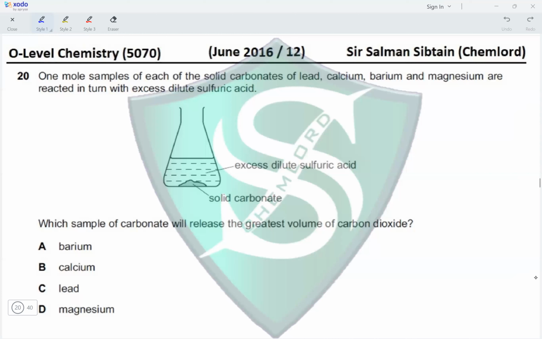Whereas, since magnesium sulfate is soluble, when it forms, it will dissolve in water, exposing the remaining magnesium carbonate to react with sulfuric acid, releasing more CO2 until all of the magnesium carbonate has completely reacted. So the carbonate that will release the greatest volume of carbon dioxide is magnesium, making option D the correct option for this question.